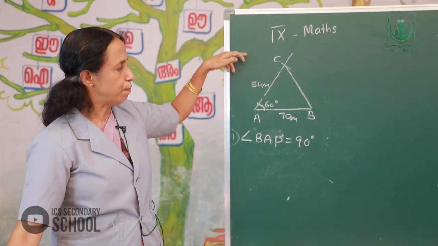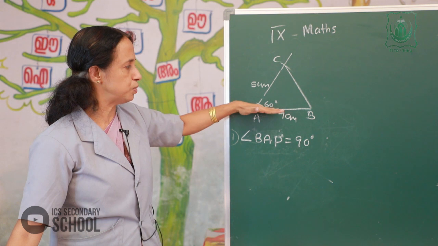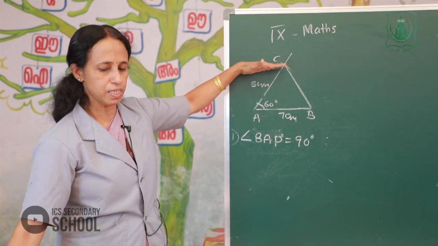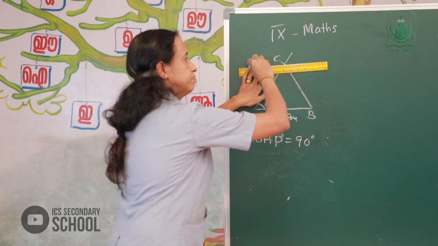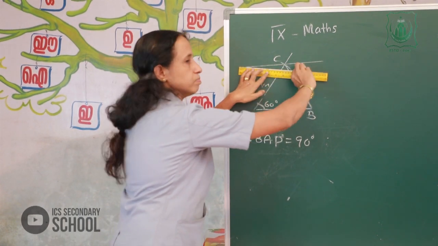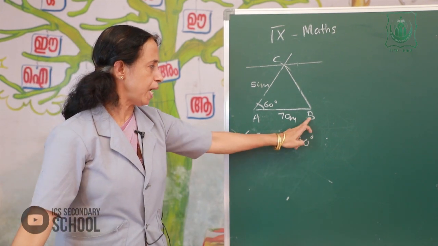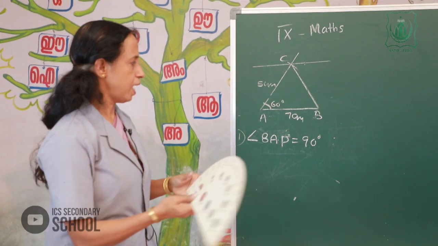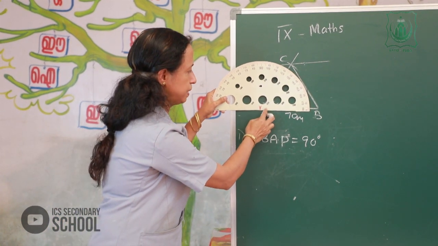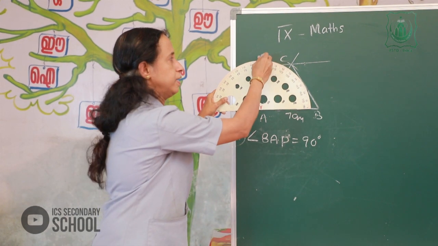Draw a line parallel to AB through C. Angle BAP equal to 90 degree. Take angle BAP, measure 90 degree.